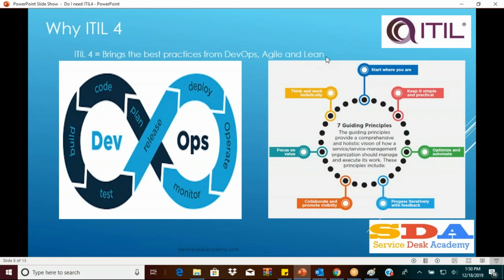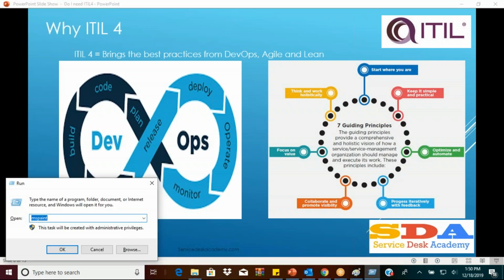And Lean is another methodology which was incepted in the manufacturing industry, and it talks about eliminating inefficiencies.